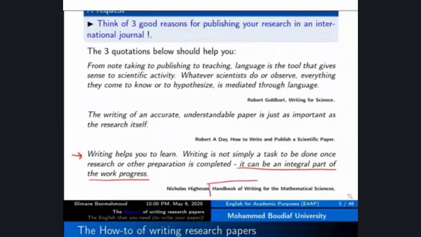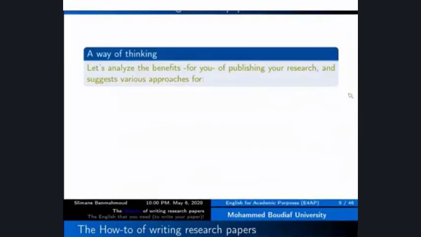Again, this is a quotation from a very famous book with the title Handbook of Writing for Mathematical Sciences. I advise you to check all three of those books, which are very famous in the field of science and academia.